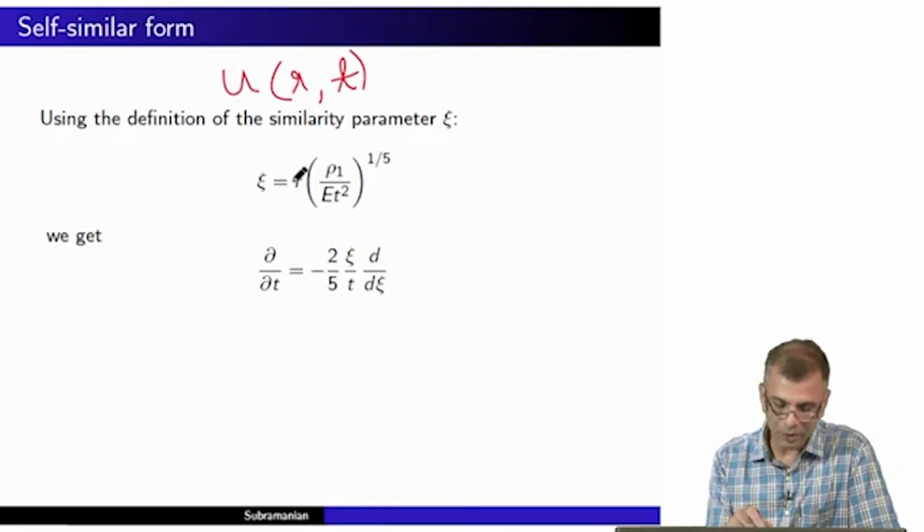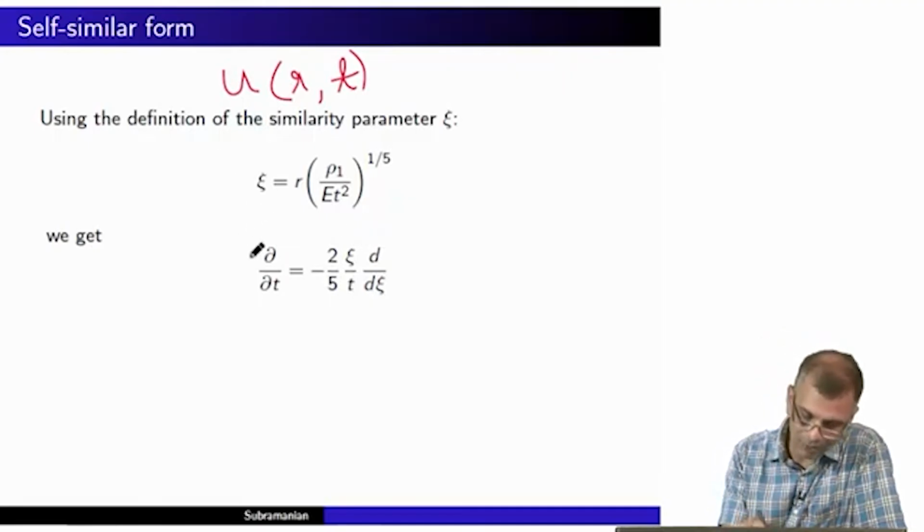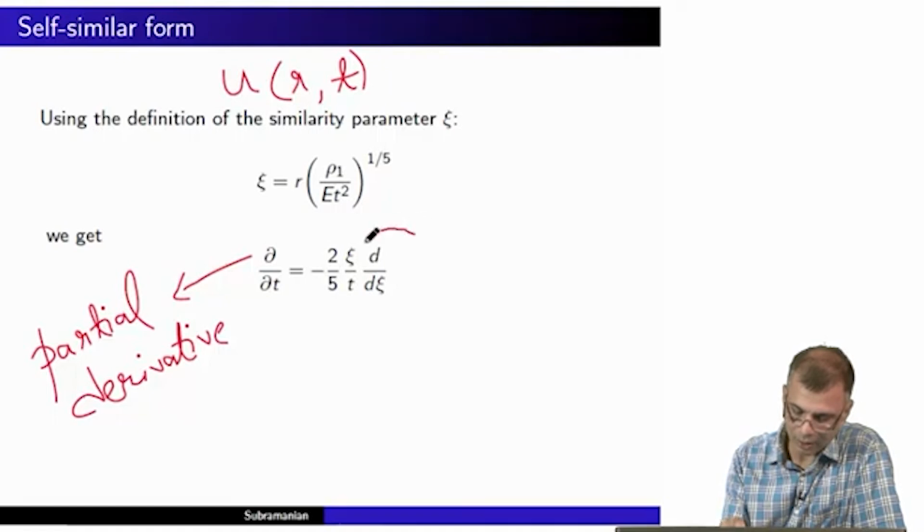Therefore, what happens is a partial over partial t would be something like this. Okay, so this is a partial derivative, whereas what is this?